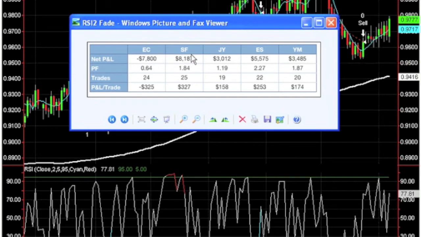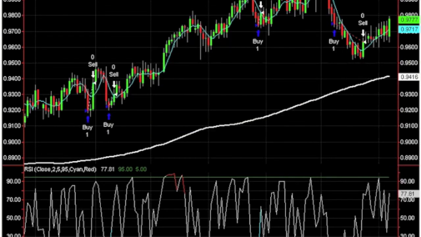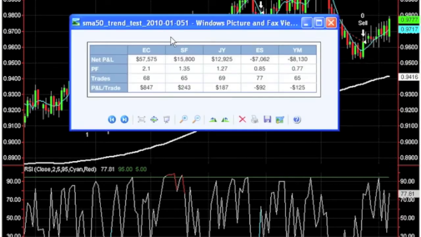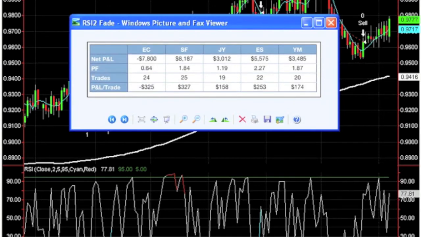I think I have the values here. With the 50-period trend test, it did $243, and on the RSI, it did $327. It's an interesting market. Apparently, it has mean reversion and trend following characteristics that both can be exploited.